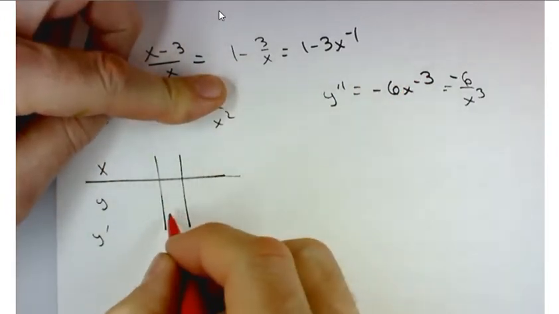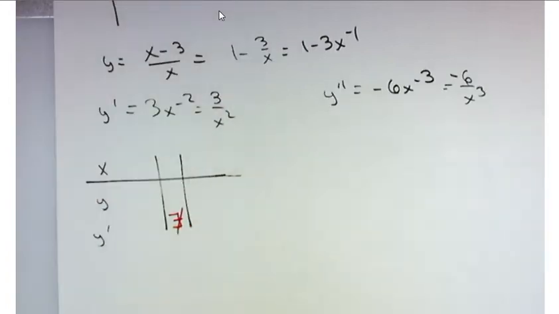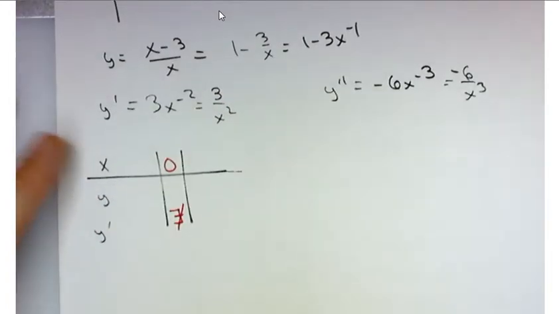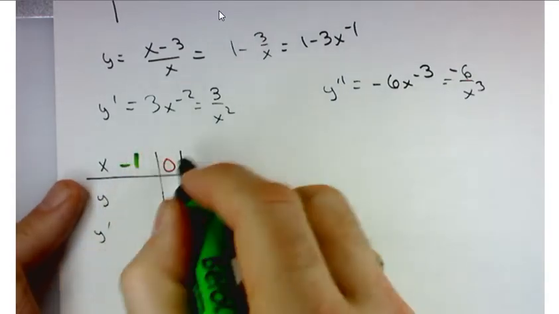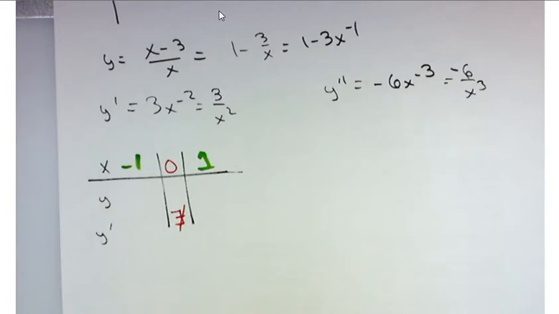But we still have to take a look at the function on either side of 0, on either side of our vertical asymptote. And we can test points here. What would be some good test points for us in this particular case? Yeah, negative 1 and 1. Those work as good test points.